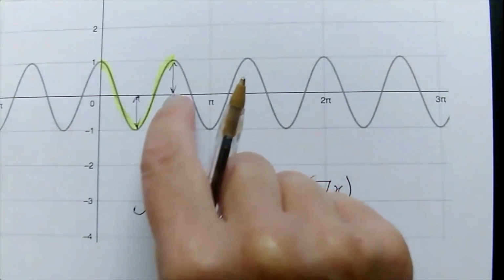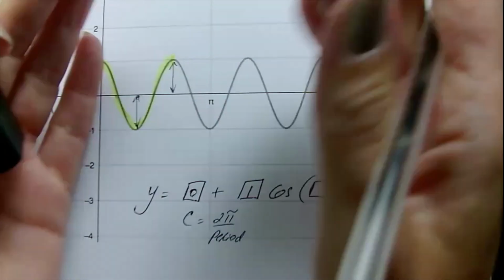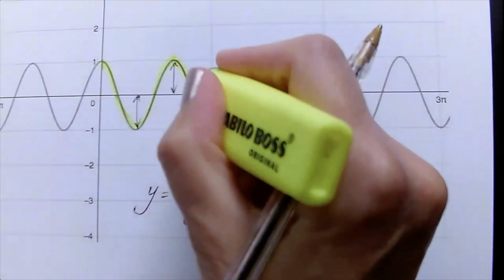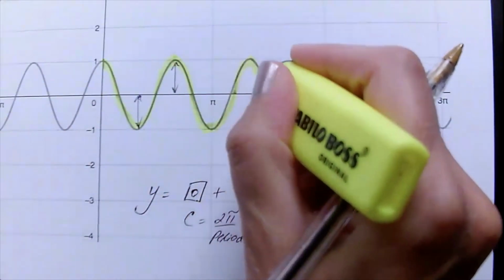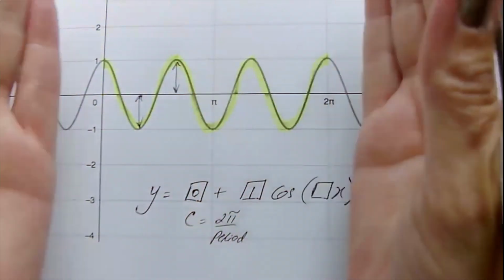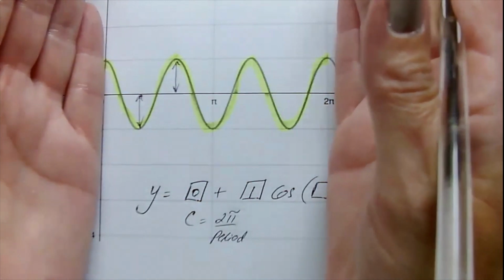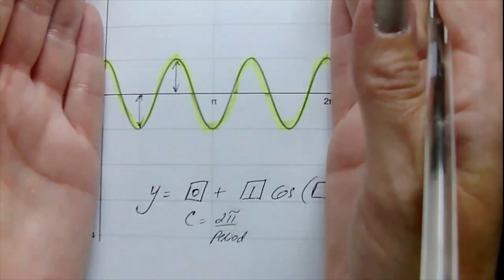So a really good way to analyze this is to have a little look at how many of those U shapes appear in your original period. 2 pi is always the original period.